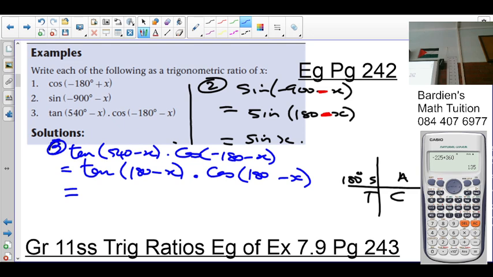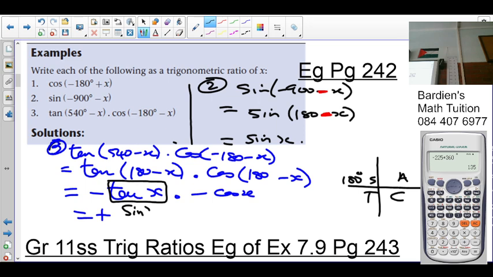Okay, 180 minus x in which quadrant? Second quadrant. Tan positive or negative? Negative. So it's negative tan x times cos of 180 minus x, which quadrant? Second quadrant. Cos positive or negative? Negative. So it's negative cos x. What's negative times negative? But tan can be written as sin x over cos x.